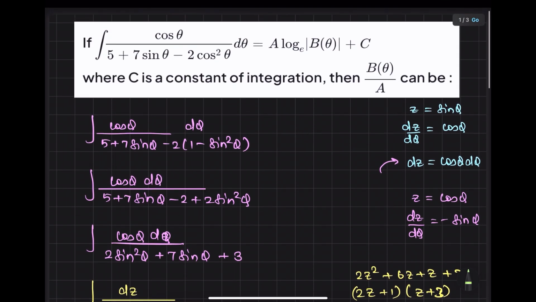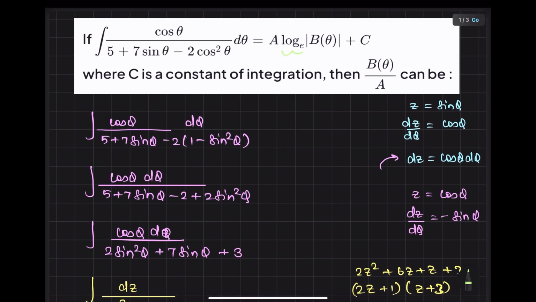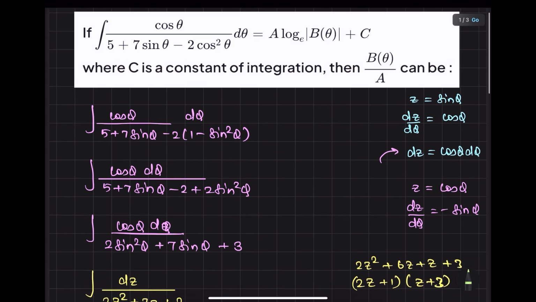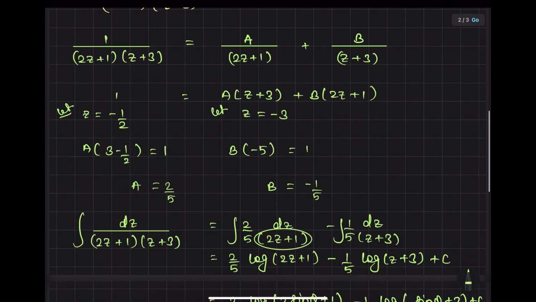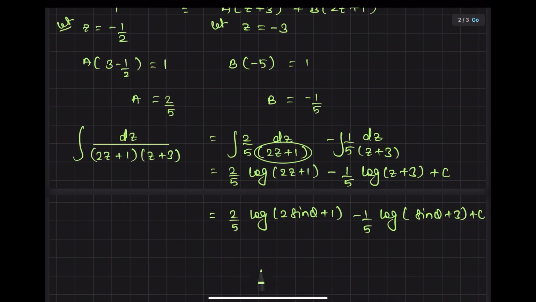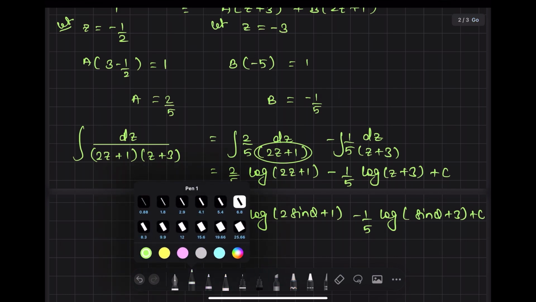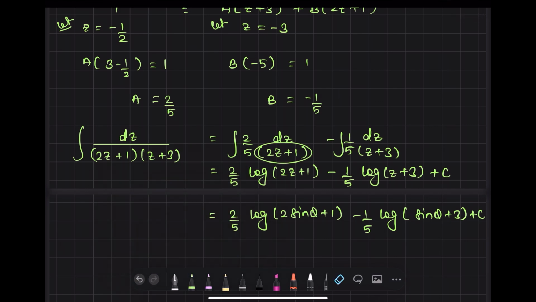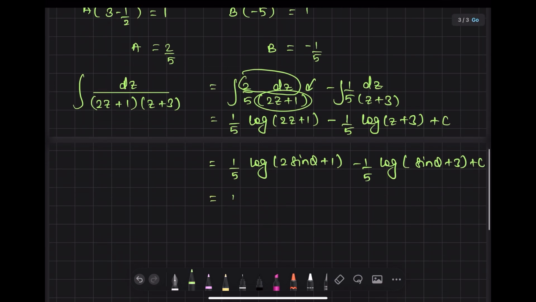If you want, you can simplify this a little bit more. Wait, here we made some mistake. Look here, if you take this bracket as z, you will have this thing as dz. So we won't get this 2, we will have 1 there, and you can take 1 by 5 common, and then you will have log m minus log n, which is log m by n.